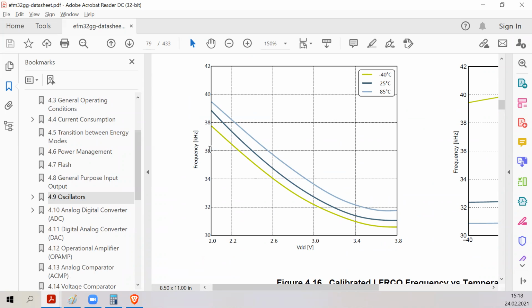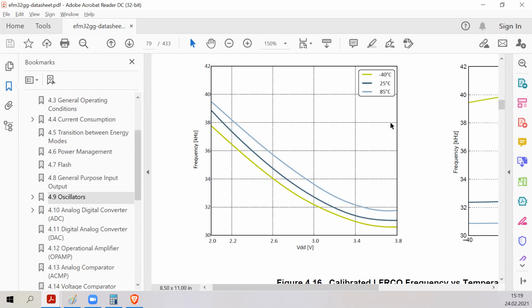And the problem with built-in oscillators is that they are not very precise. First of all, they have low precision and they have high dependency on supply voltage and on temperature.